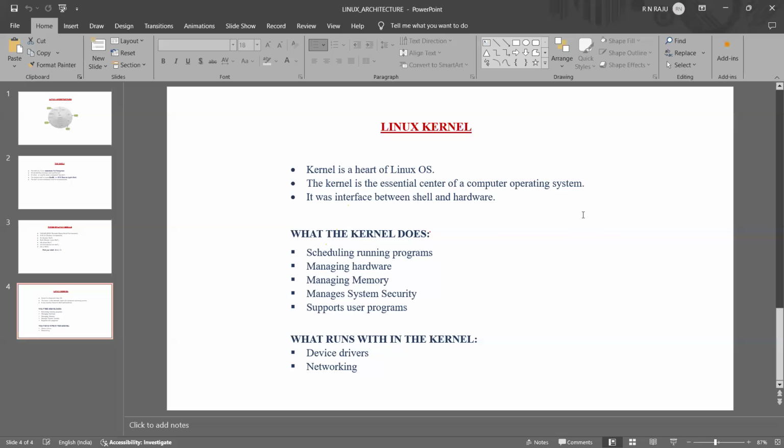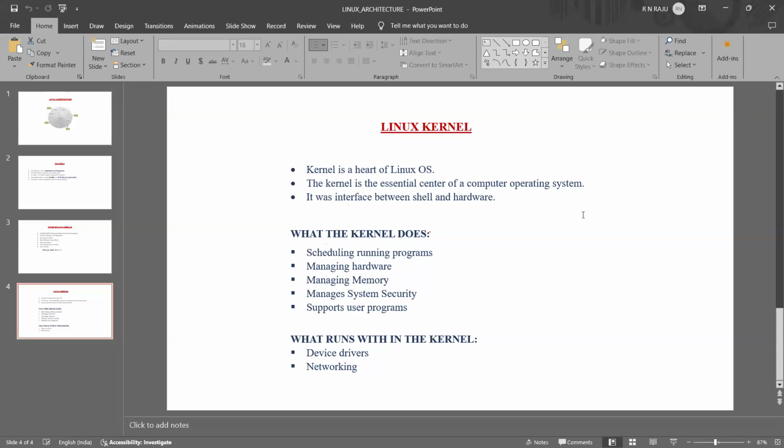And the kernel is the essential center of a computer operating system. That's why it is the heart of the OS. Yesterday I told you one best example. A car has an engine, and a lot of other functions like wheels, brakes, and accelerators. But without the engine, the rest of the car does not work.